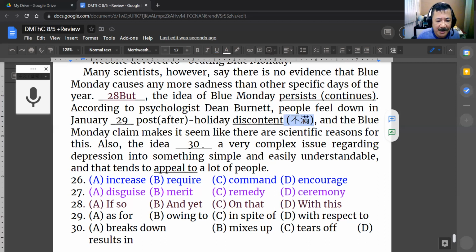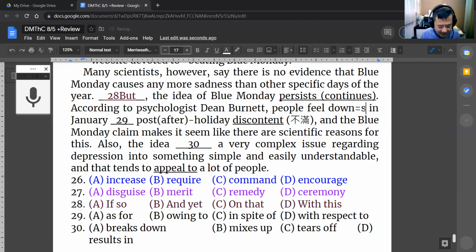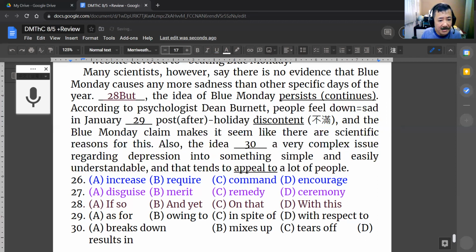So here I think it's quite simple, right? According to this psychologist, people feel sad. Down means sad, right? Yes, people feel sad, down, in January because of post-holiday discontent, right? Yes.